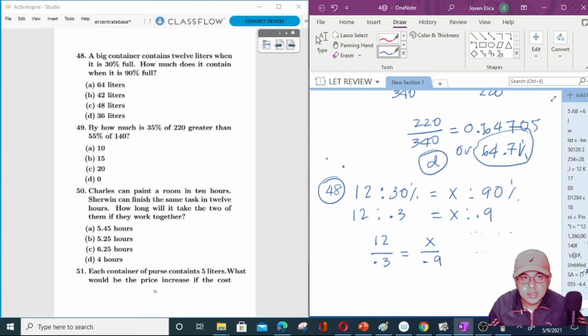How much does it contain? So let X be the unknown variable.